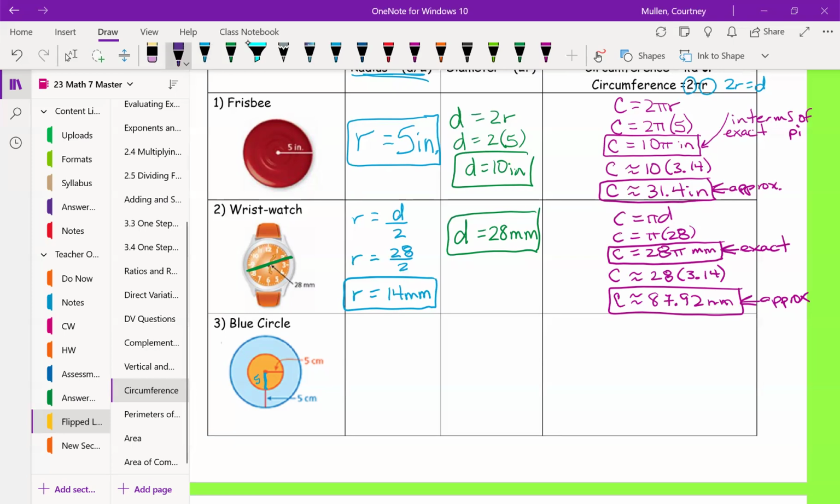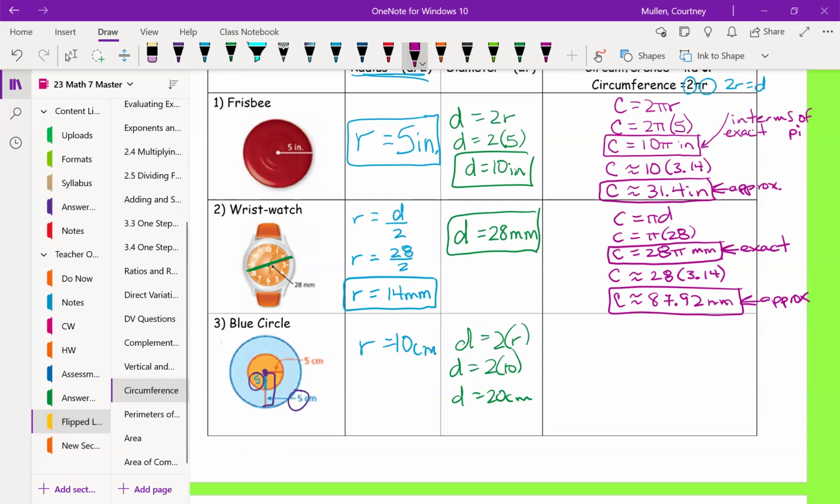So we have this entire distance from the center of the orange circle to the edge of the blue circle would be the 5 plus the 5, giving us a radius of the blue circle of 10 centimeters exactly. For the diameter, we know the diameter is 2 times the radius. We know the radius is 10. So the diameter is 20 centimeters.